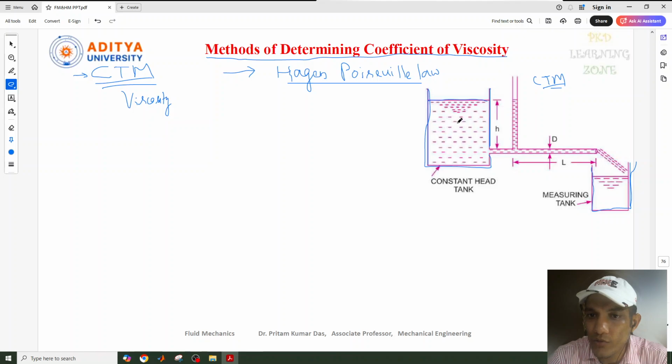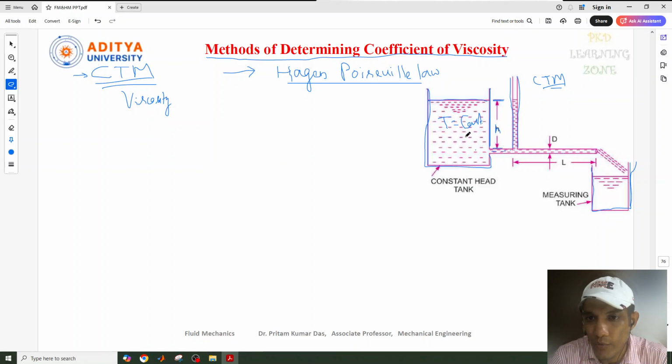The temperature of this liquid should also be maintained constant, and this liquid needs to be passed through the capillary tube present here. The height of the capillary tube and this tank will be at the same position. That is the H.